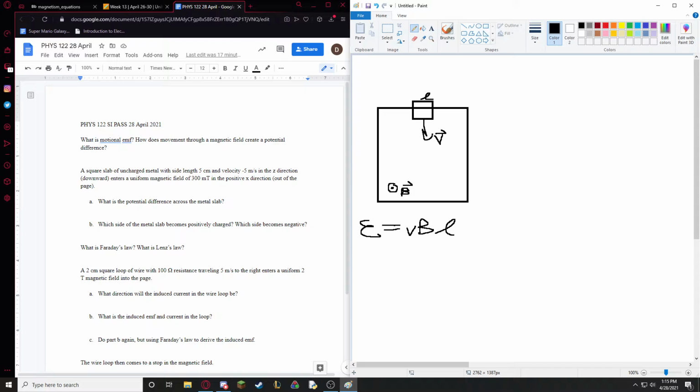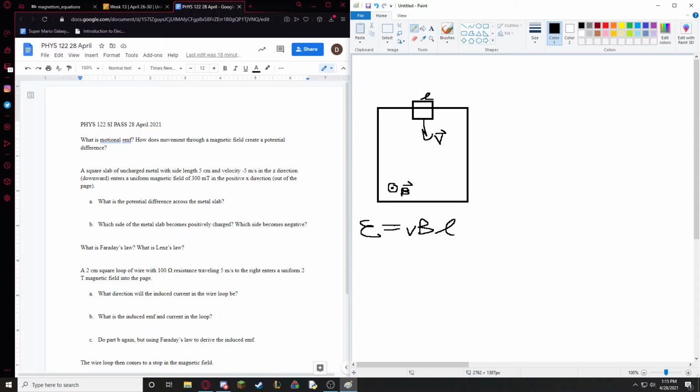And are they? Maybe not. Right-hand rule. What direction is our velocity in? Downward. Fingers curl toward us, out of the page.